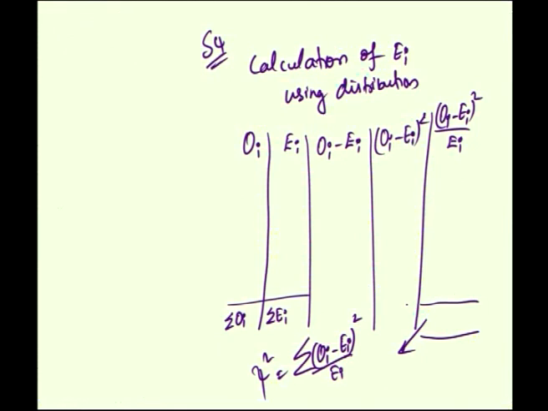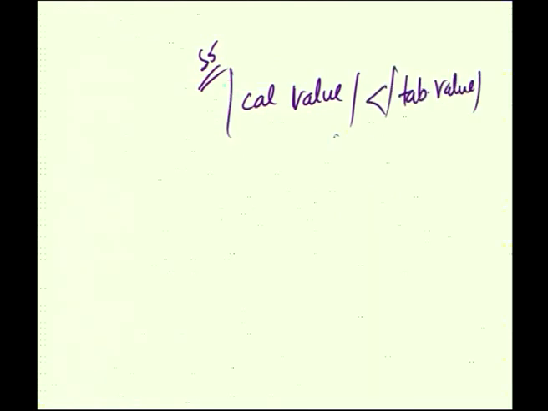Then step 5 is the usual part, the comparison of the calculated value and then conclusion. So, if the calculated value is less than tabulated value, H naught is accepted, that is the usual thing, okay. And if it is otherwise greater than, then H naught is rejected.